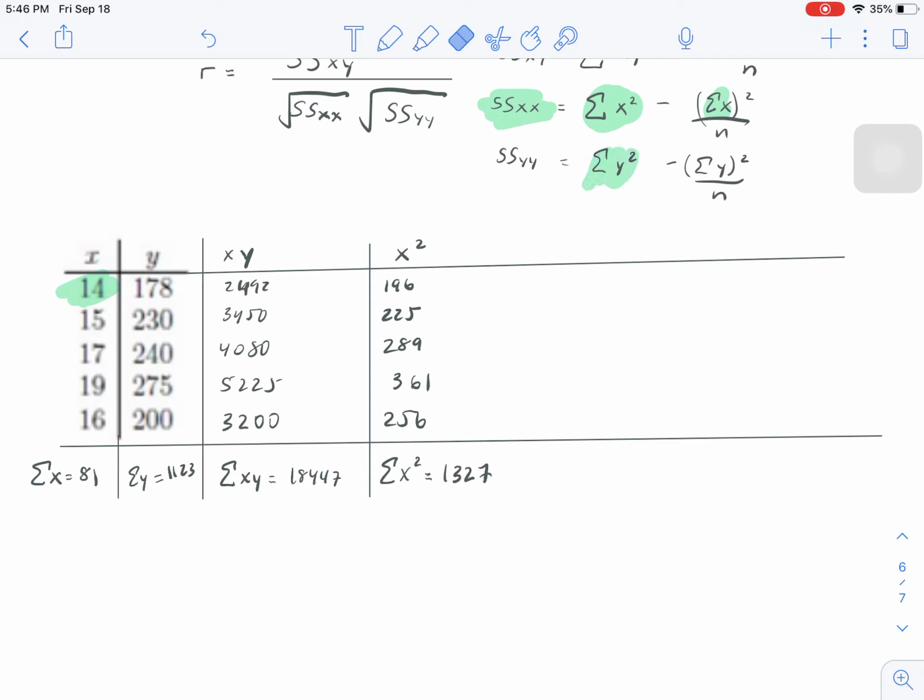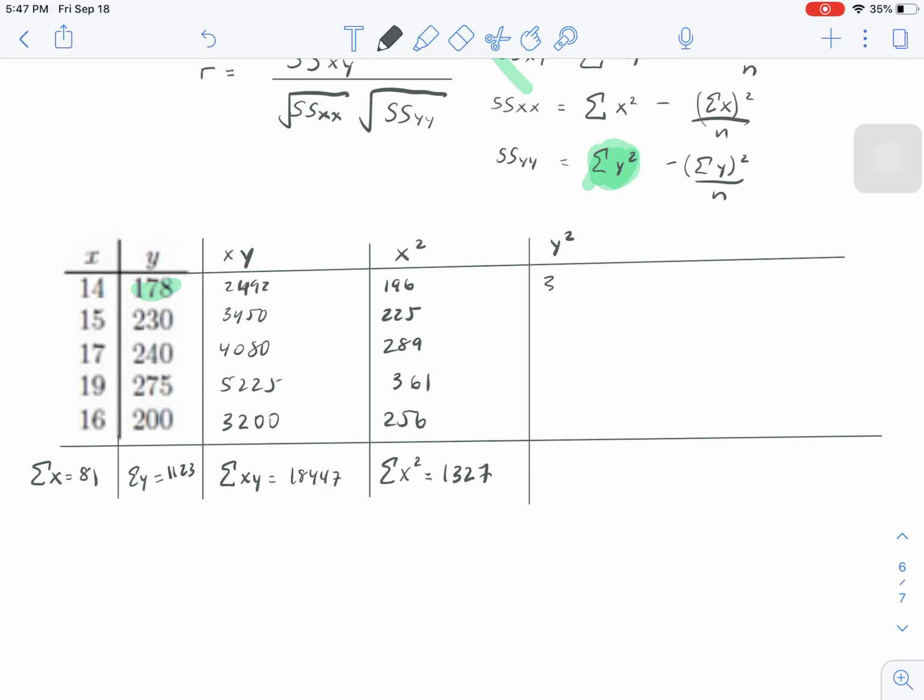So now I can move on to my last sum of squares, and for that I'll need the sum of all the y squareds. I'm going to go in the y column and square each of these.